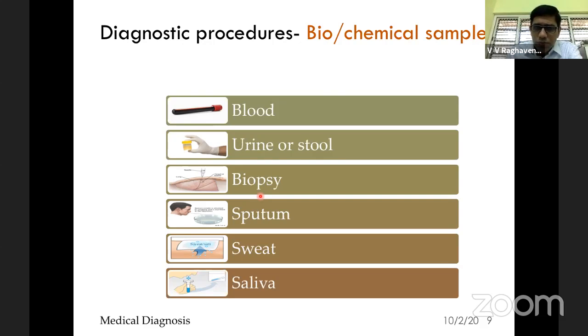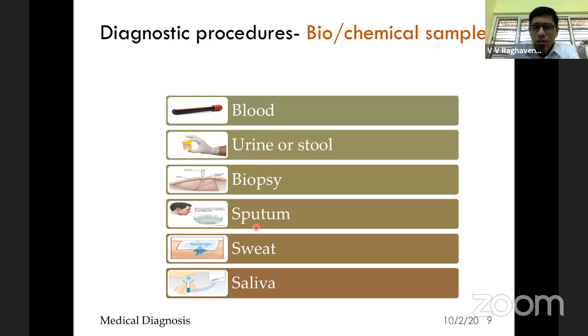That's how it's possible. And subsequently, you do have several other classes of samples. Sputum is one sample. Sweat, of course, we still don't know how to use so efficiently to diagnose disease, and saliva. You might have heard news that now in the US saliva is being used in place of the nasopharyngeal swab for COVID diagnosis.